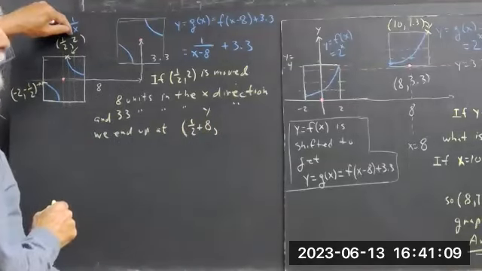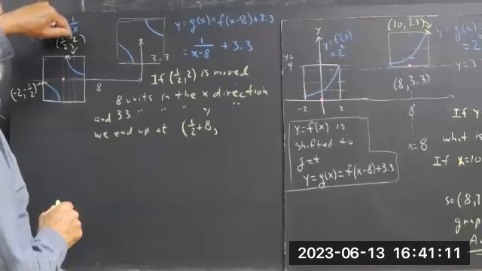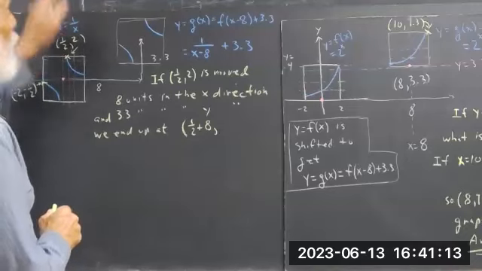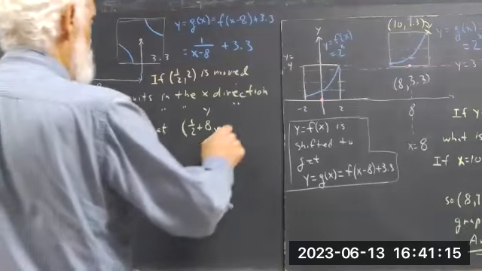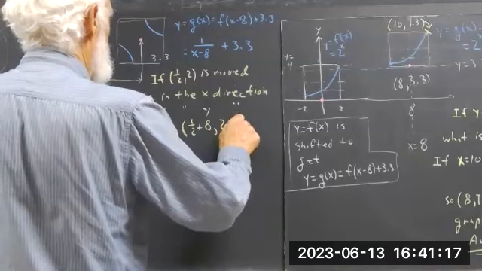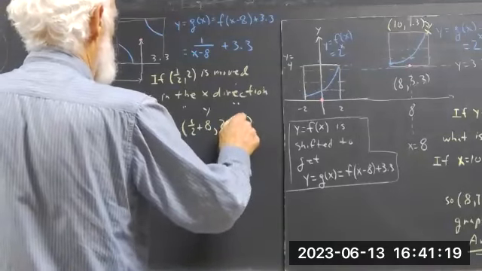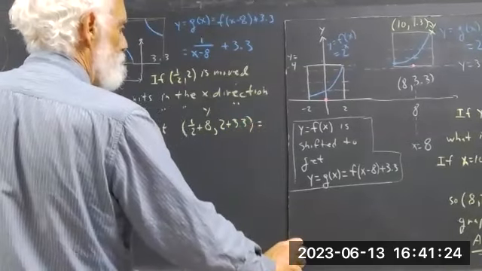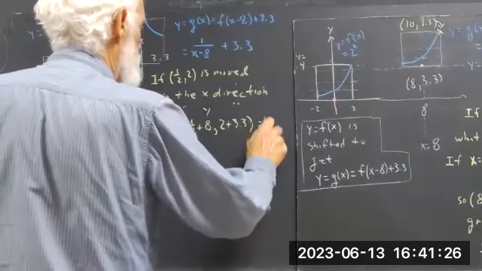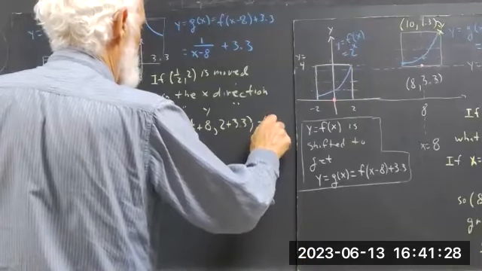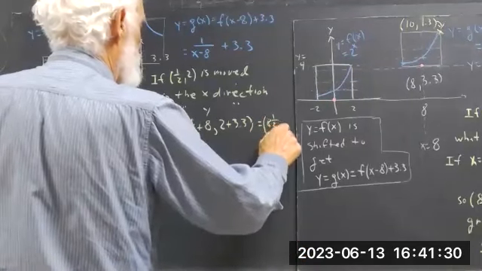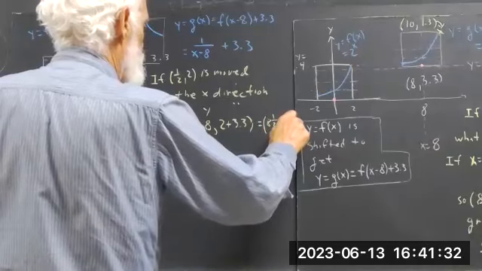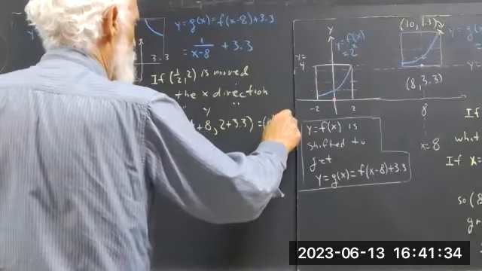And then we move from y equals 2 up 3.3 units. That's going to put us at 2 plus 3.3 equals 5.3.